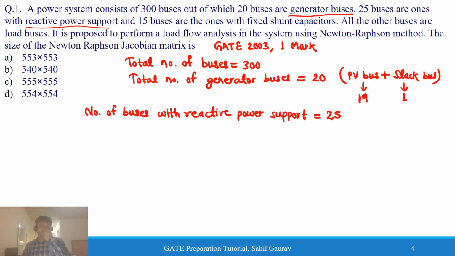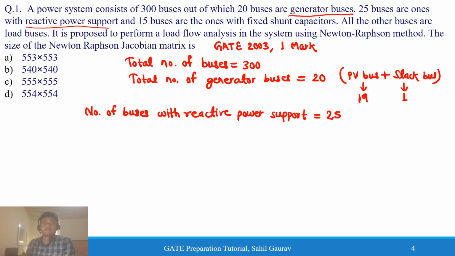As I have shown you in the last slide, these are counted as PV buses, that is generator buses, because to maintain the voltage at its terminal, you need reactive power.